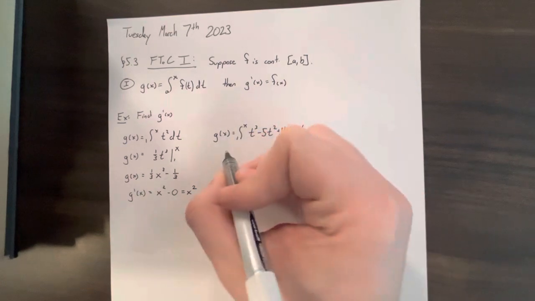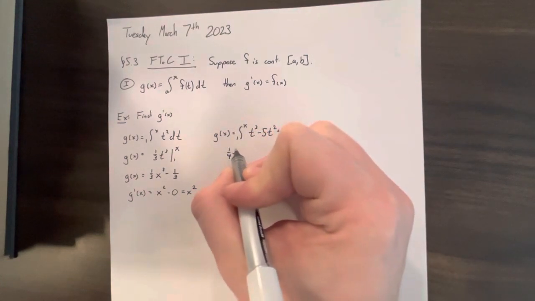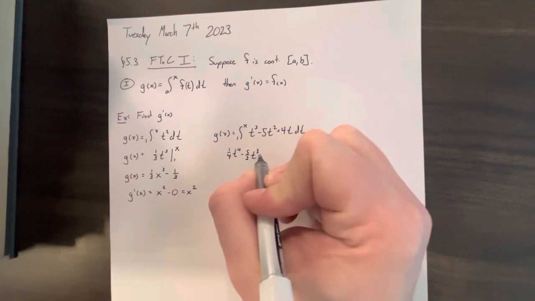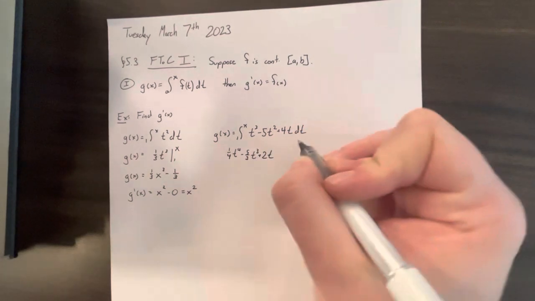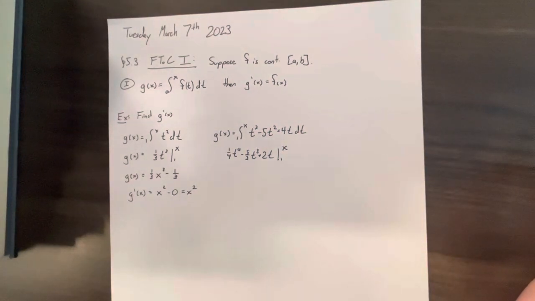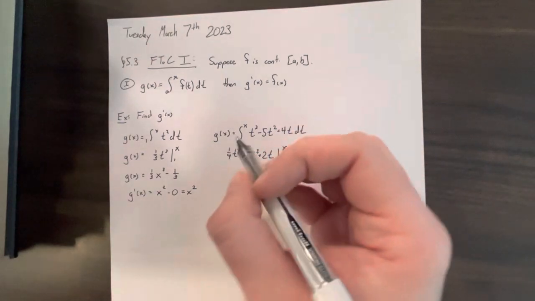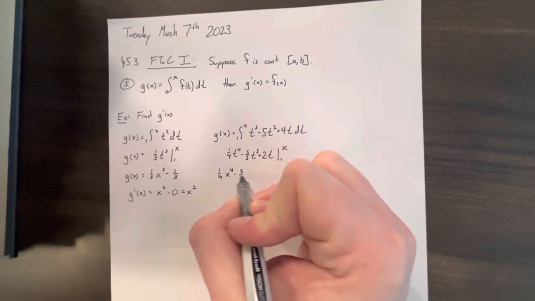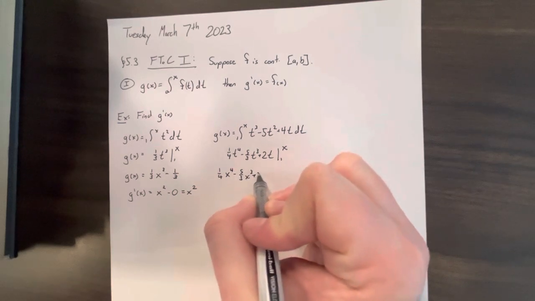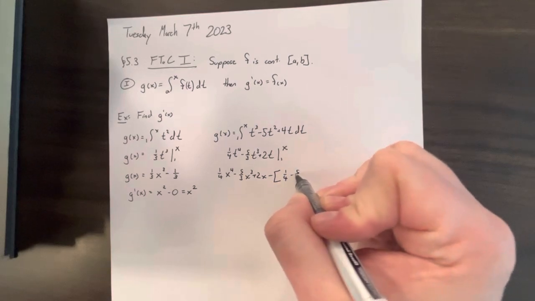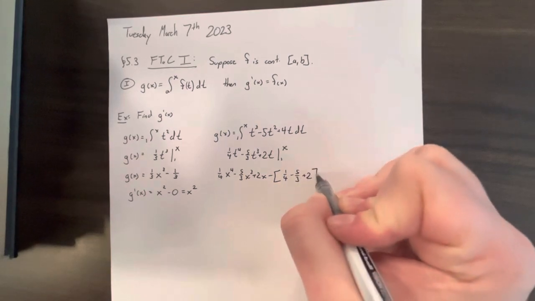So going through all of these, easy antiderivative, let's plug in our x and subtract here. And then we're subtracting a fourth minus 5/3 plus 2.